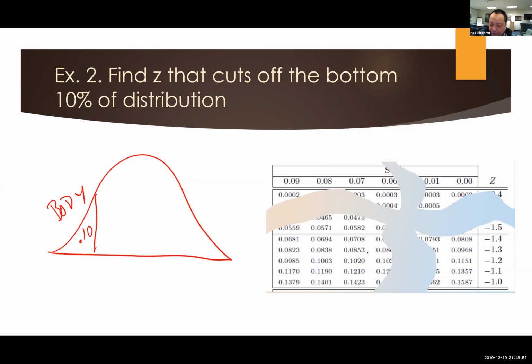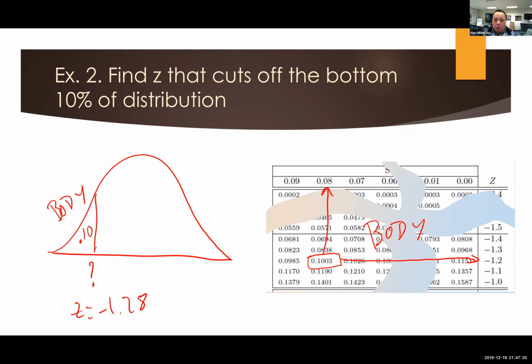So I'm also going to look for it in the body of the table, and it is at negative 1.28. And this z is negative 1.28.